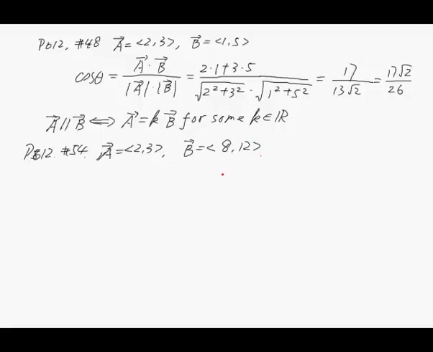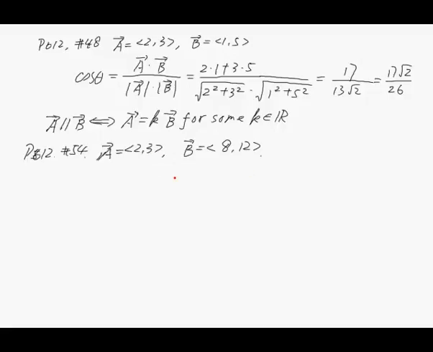So now you try to express one vector as a multiple of another vector, and you compare the x components and the y components. You see 8 is 4 times 2, and 12 is also 4 times 3, right?